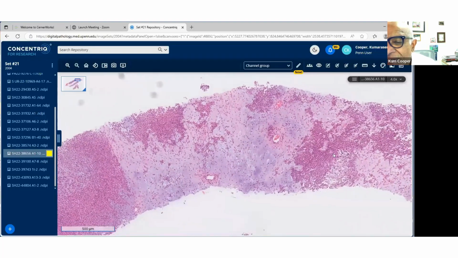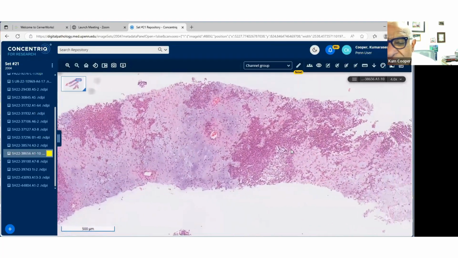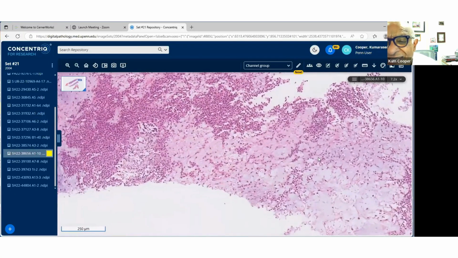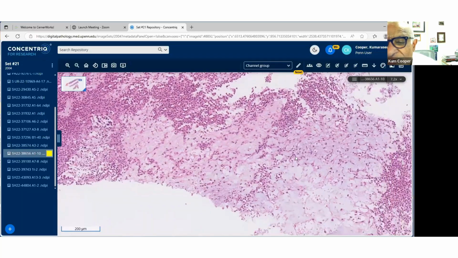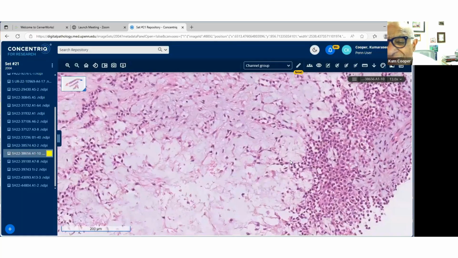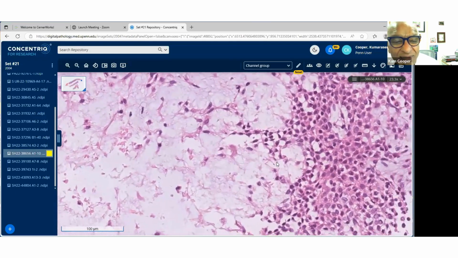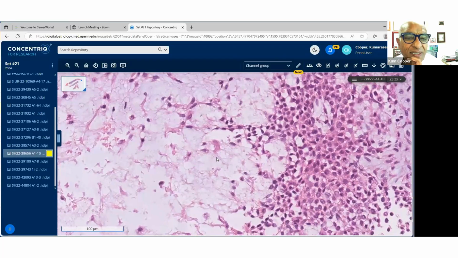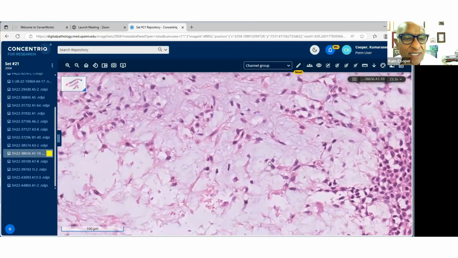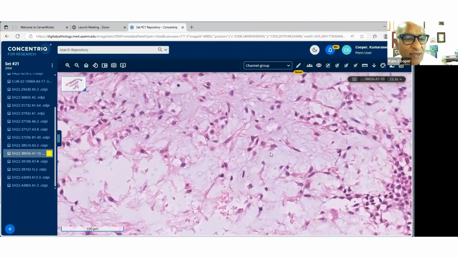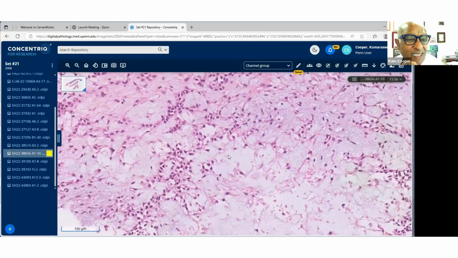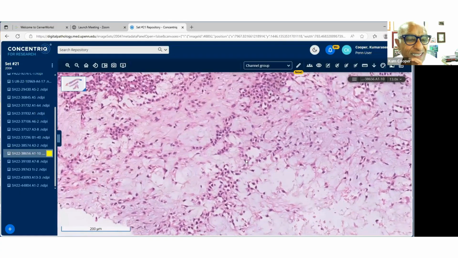All right, the other core looks similar. I'm not going to spend time on that. Just to take you down to the morphology, slowly, just to look at these cells. Okay, give you a chance to look at these cells. And then the alternating stroma, where you see the same morphology of these cells, here arranged in strands, some of them in cords, some of them in little nests.